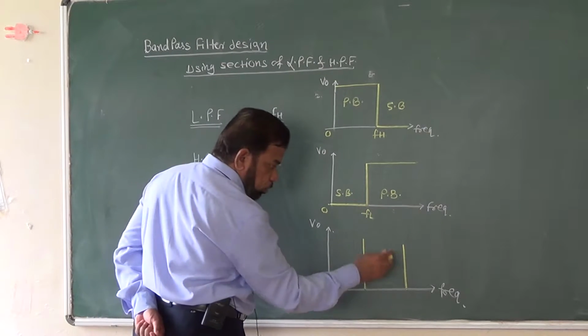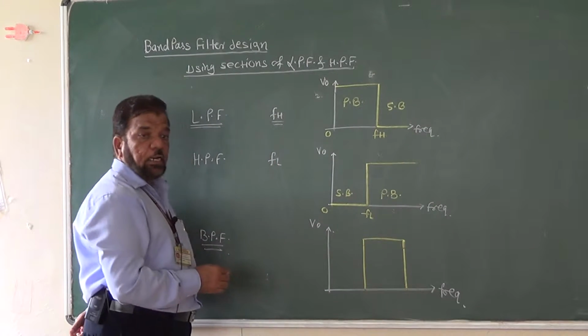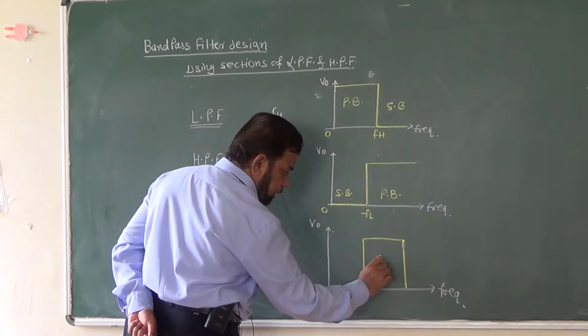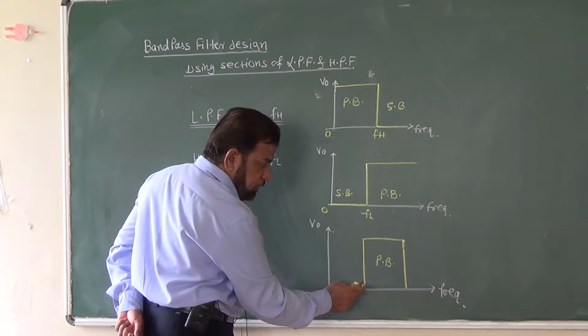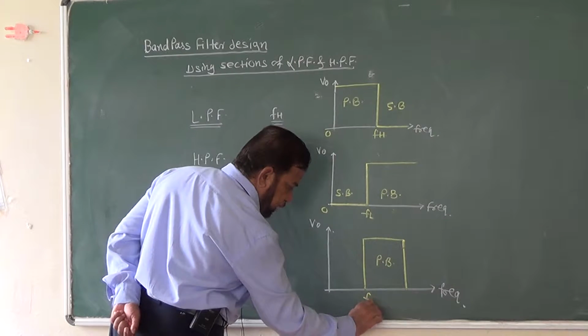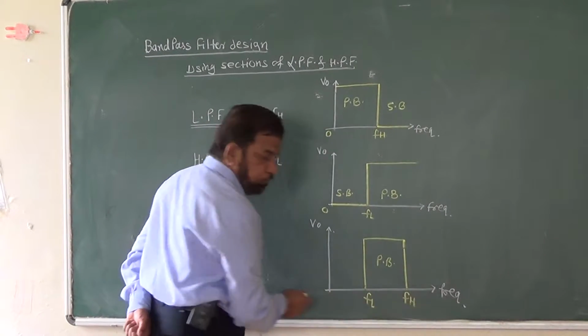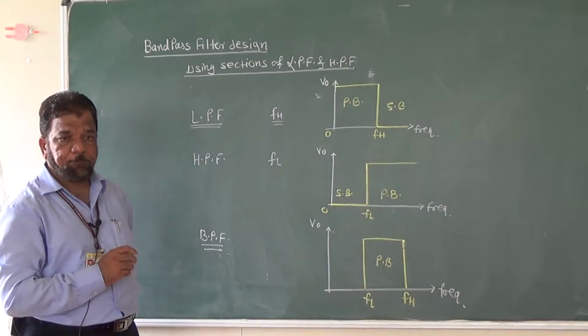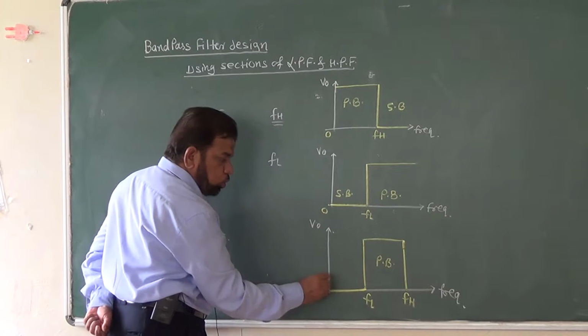Okay, that means corresponding to these frequencies there must be a pass band or a transmission band. So here I am getting the pass band. So if one frequency, if I write say here fL and if I write say here fH, this is the notation I am using. So circuit should provide two stop bands.